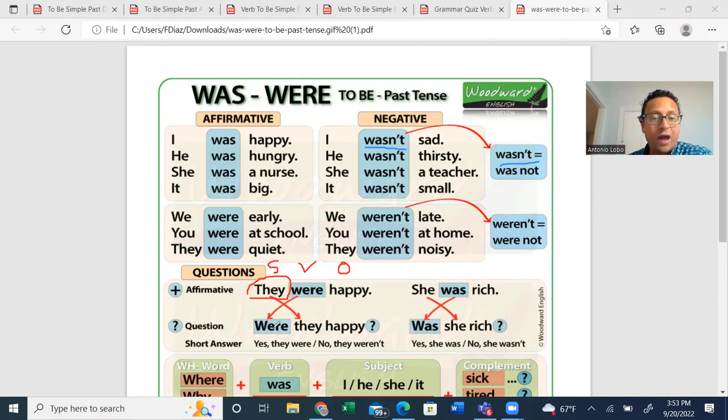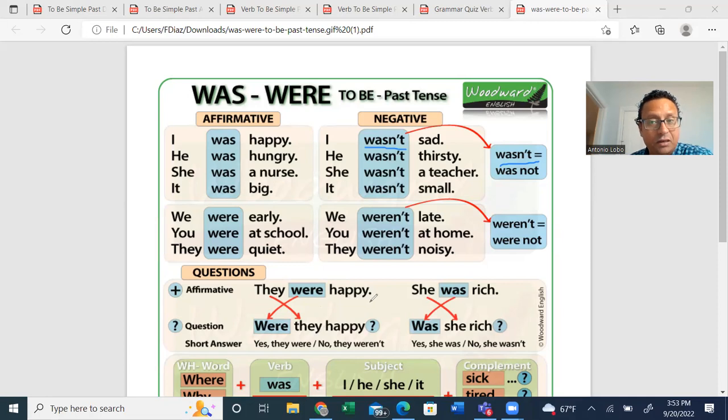But when you ask questions, the verb comes first, all right? When you ask questions, you put the verb first. When you ask question, this is the verb who comes first, okay? The verb comes before the person.